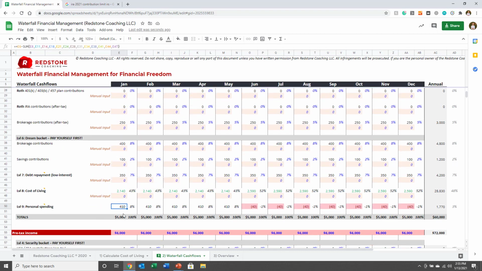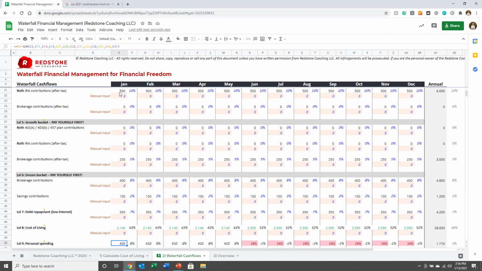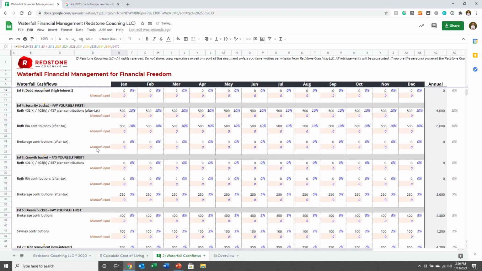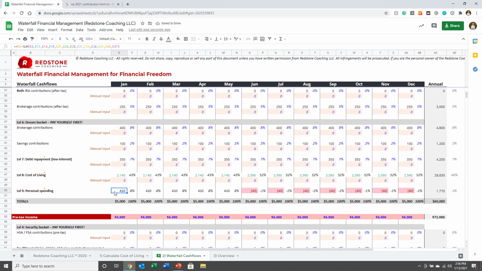We could even check it with 410. This 410 is being calculated by taking 5,000 of your total income minus the sum of all of your other allocated investment or other allocated percentages, which is 4,590, and that's giving you 410.